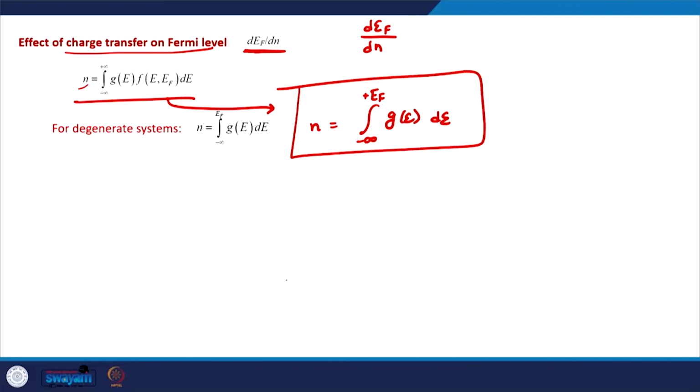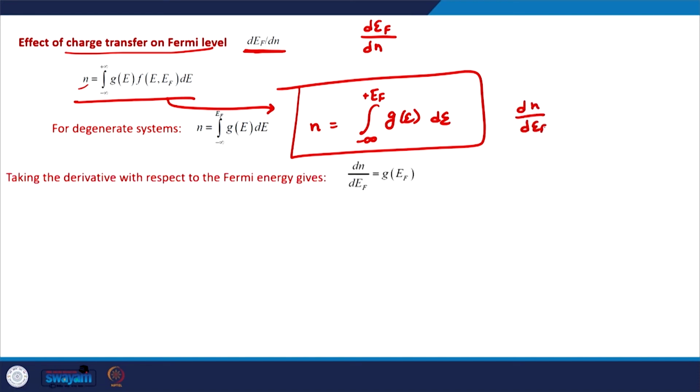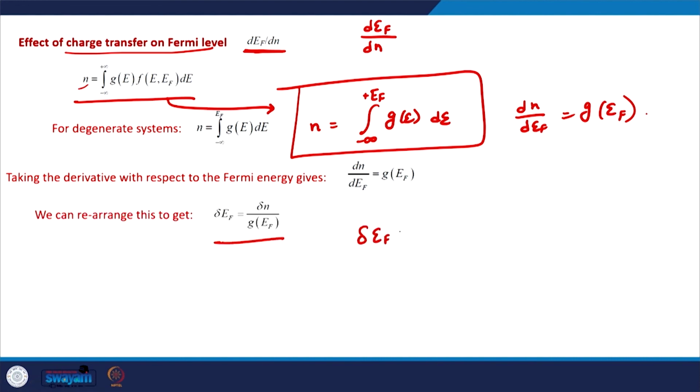Now, if we take the derivative of this with respect to EF, dN by dEF, this is what we obtain. This is the density of states at the Fermi level. Or delta EF becomes delta N times G(EF).